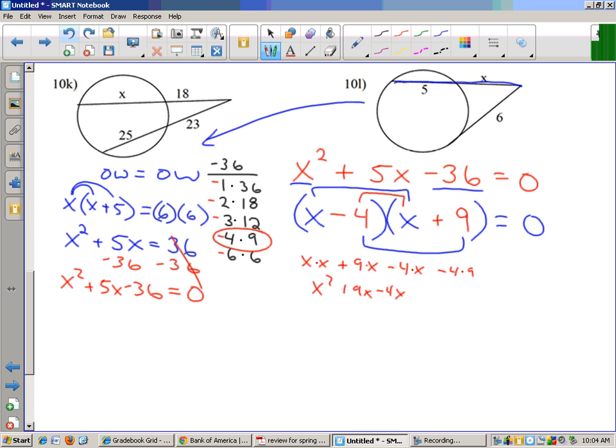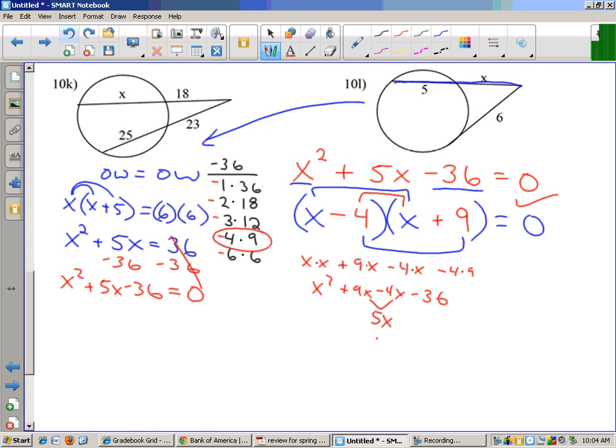What is 9x minus 4x? What do those go together to be? 5x. And negative 4 times 9? Negative 36. Did we get back to where we wanted? X squared, 5x, and a negative 36? Yes. So this is the correct factoring.